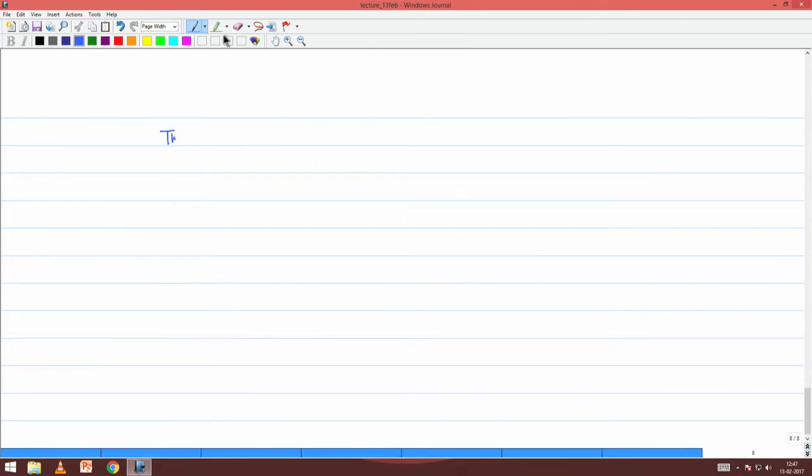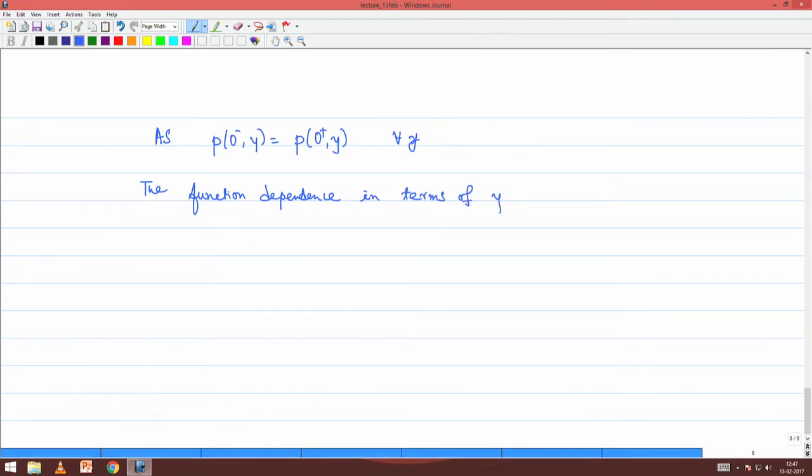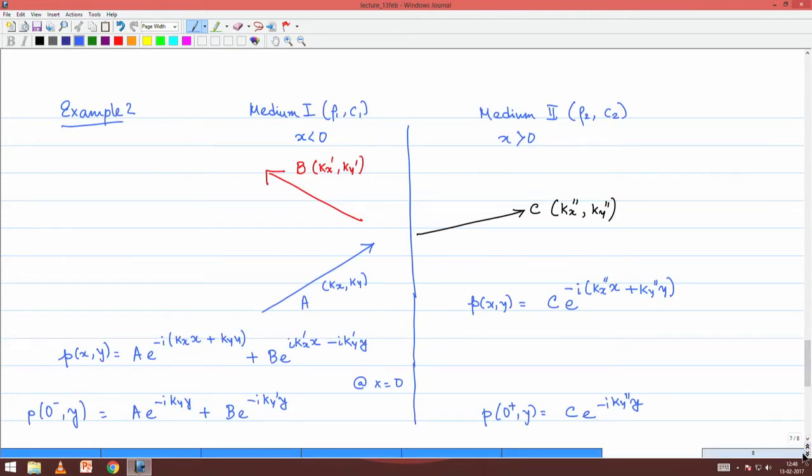Thus, as p of 0 minus comma y equals p of 0 plus comma y for all y, the functional dependence in terms of y must be identical for all the waves.